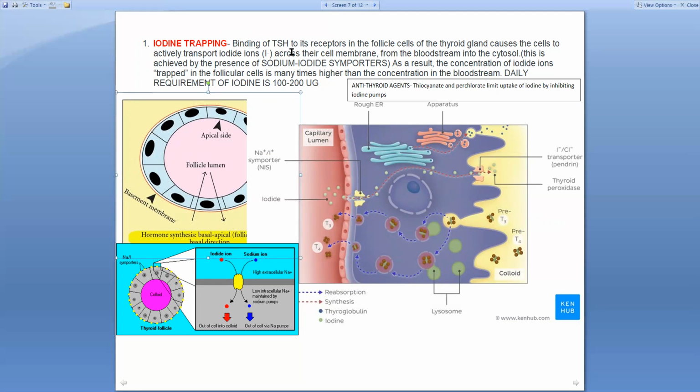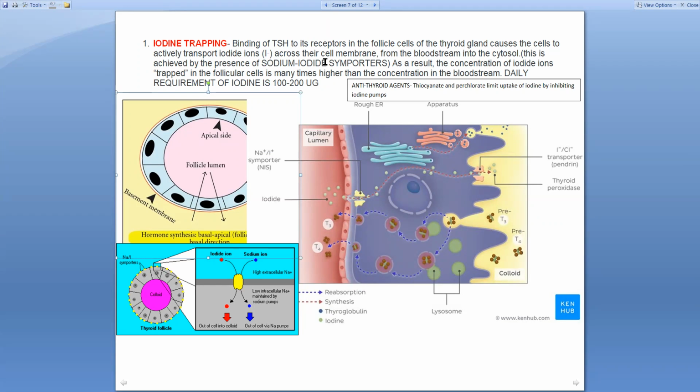So binding of TSH to its receptors in the follicle cells of the thyroid gland causes the cells to actively transport iodide ions across their cell membrane. So the trigger is binding of TSH.